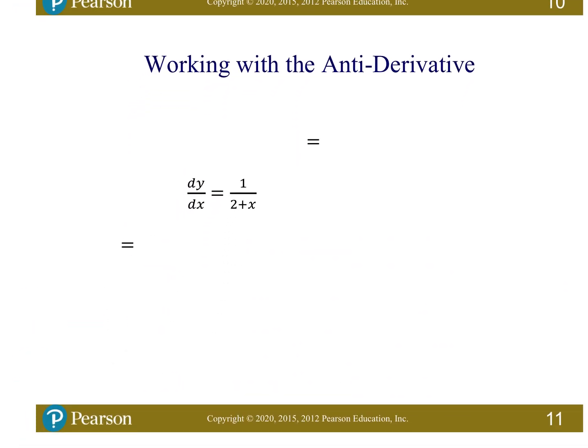So we would do a similar thing here. 2 plus x should be understood as parentheses 2 plus x to the negative first. Now, if I want to lower that power, I can do that. But let's look at how this is all going to go. Look at the symbol that's used right here.